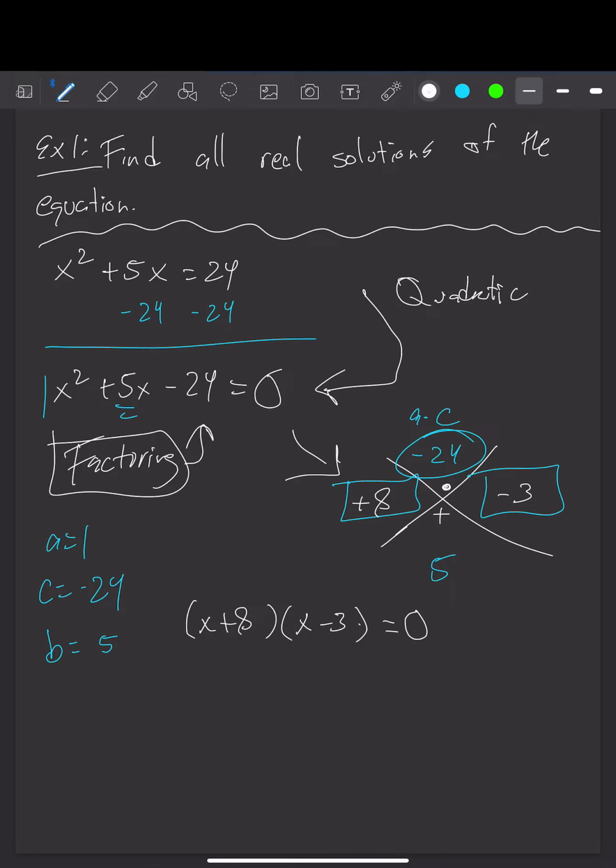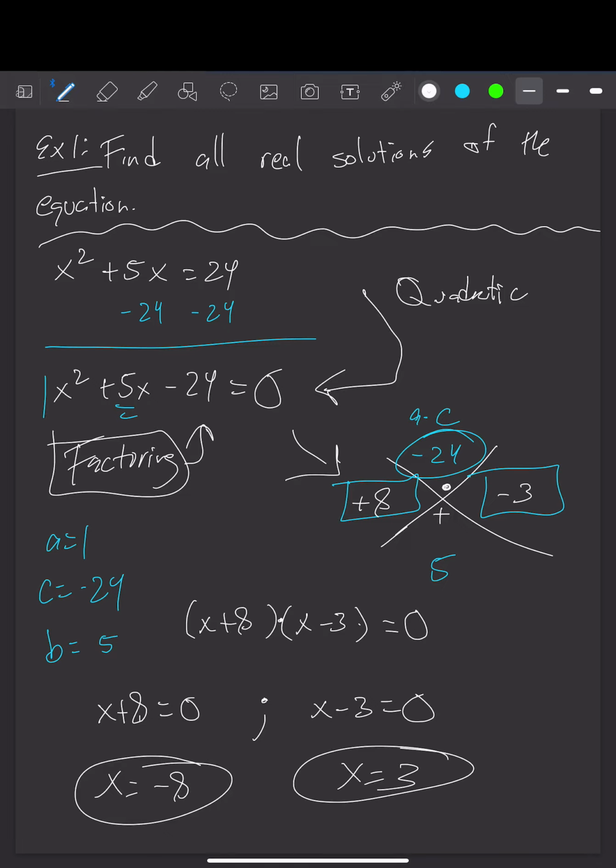Now we're looking for our solutions, so we split that because we're multiplying. We have x plus 8 equals 0, and x minus 3 equals 0. So x can either be negative 8 or x can be 3. These are your solutions for example number 1.